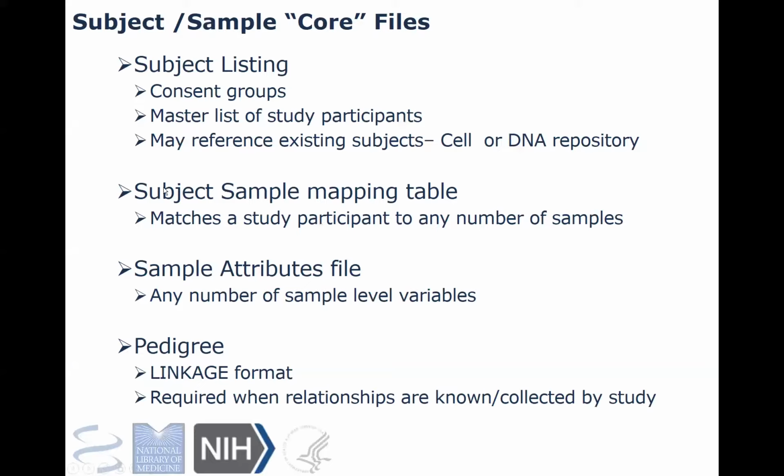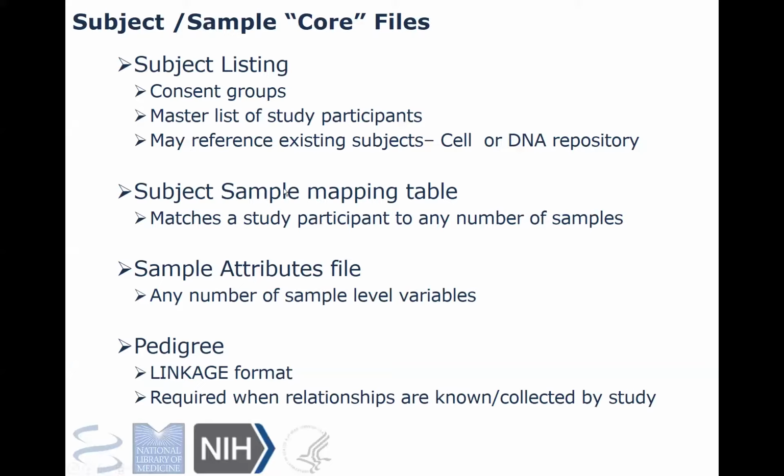And then there's a subject sample mapping table that's a core file that maps participants in the study to molecular samples that they have. And you can have any number of samples per person. A common example of where there's multiple samples for a person is when they draw a tumor and a germline sample from a single person.